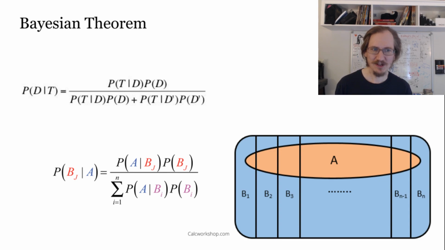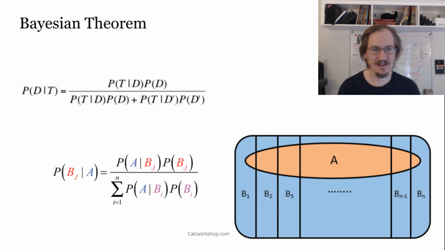It's going to be small, but we're going to add those up using the summation, all right? And when we add all those pieces of A up, spread out across the partition of B's, we're going to get the total probability of A, all right?